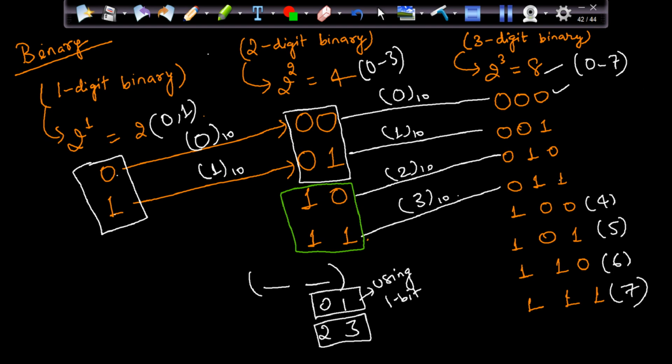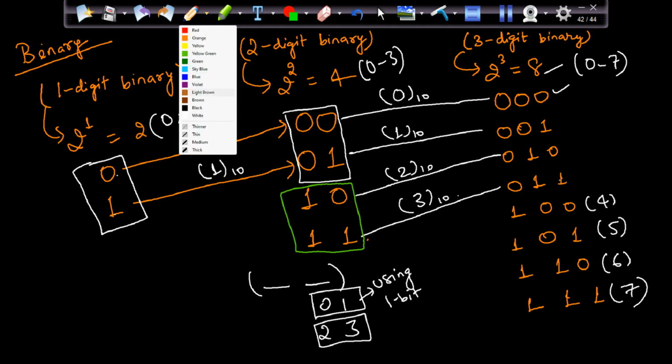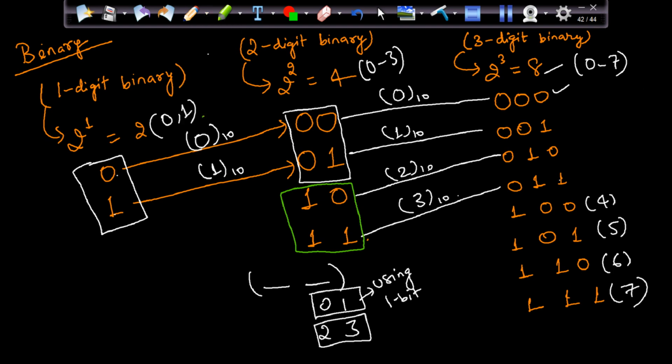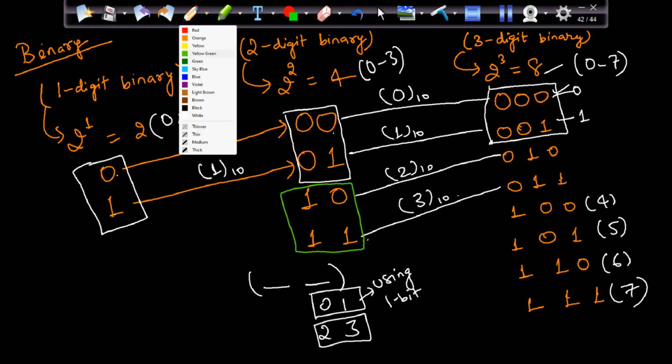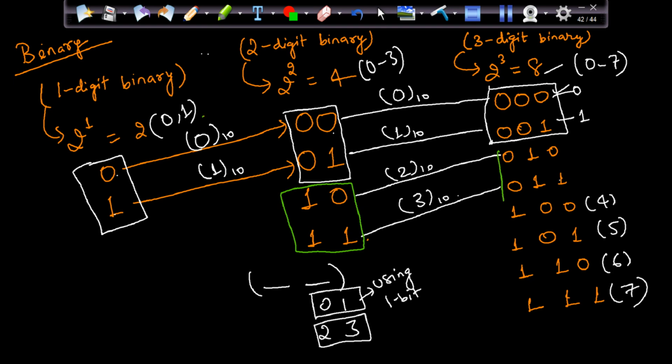Similarly, when you look at 3-digit binary, what you have to do is just add 0 to the left of this 0 0 and 0 1. So in 3-digit binary also, you have 0, you have 1, which can be represented using 1 digit. You have 0 1 0 and 0 1 1, which can be represented using 2 digits.